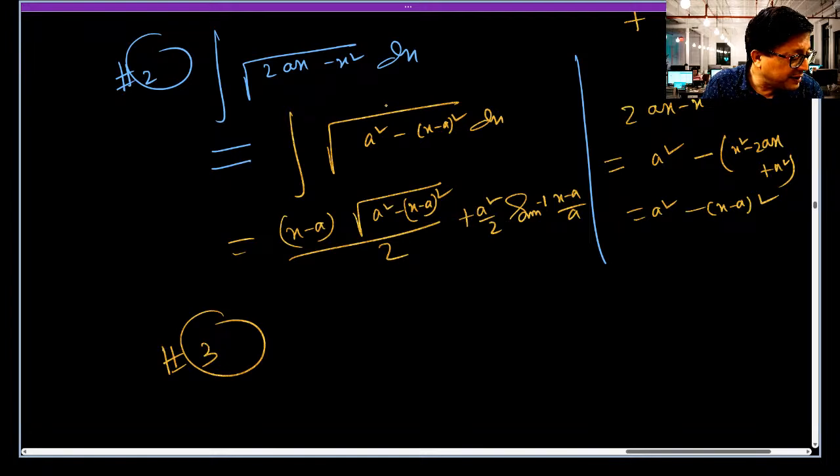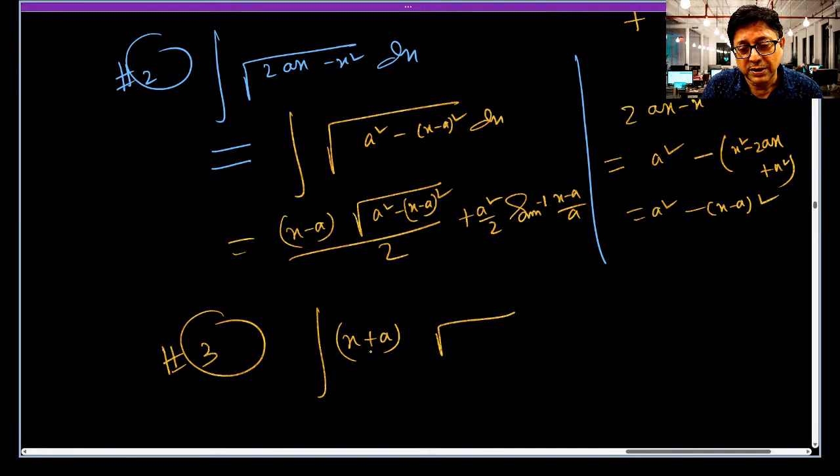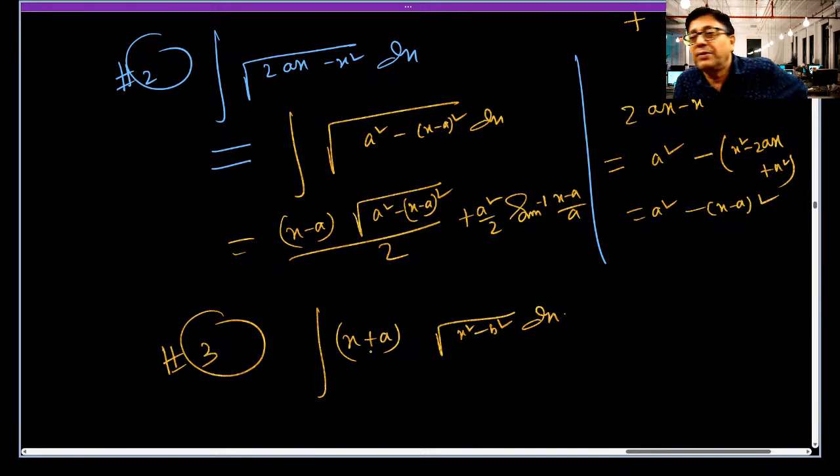Sum number 3 in this category, say we have a problem like this. X plus a root over x square minus b square dx. Not a difficult sum.